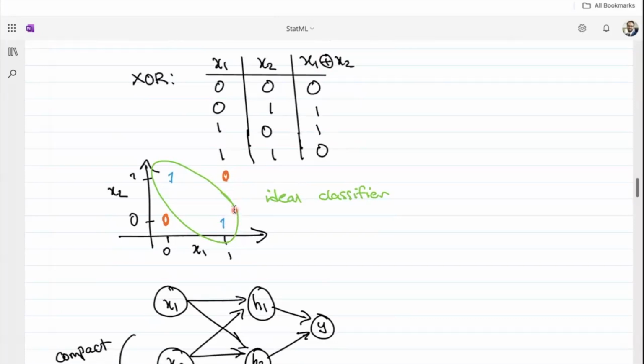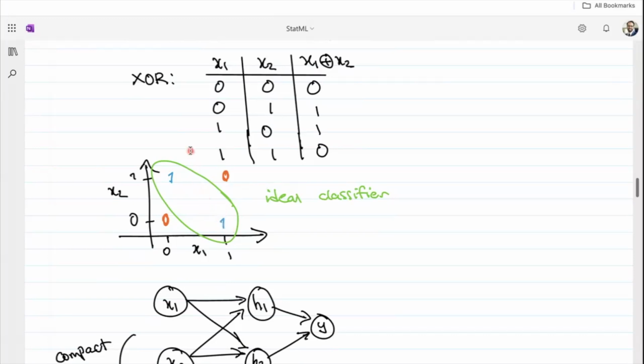What you really want is a classifier that gives you this kind of oval shape here. So it says that everything here is 1 and everything outside of this is 0. And here's the problem: you cannot just use a linear function, or in this case a line, to separate these two classes, right?